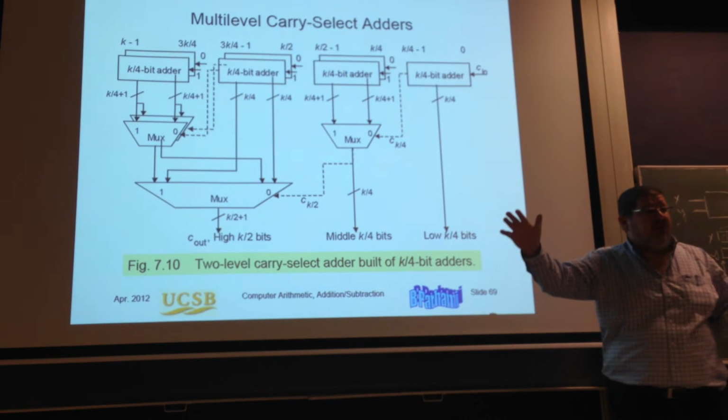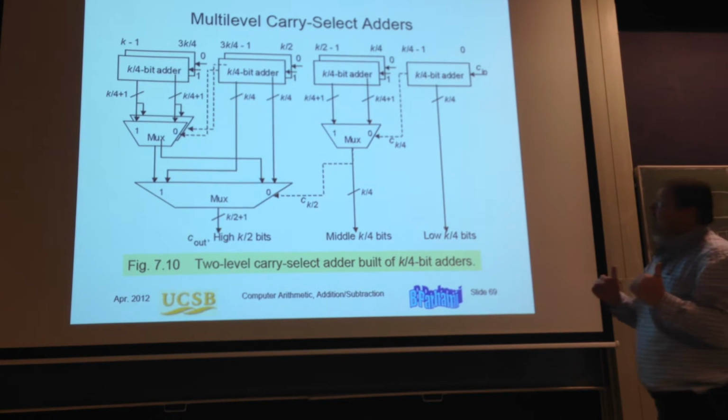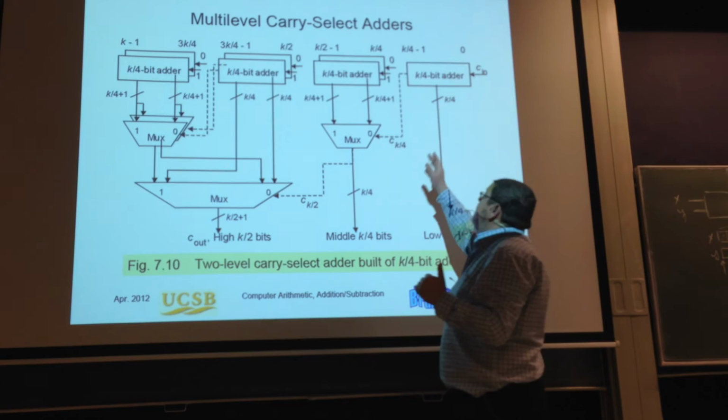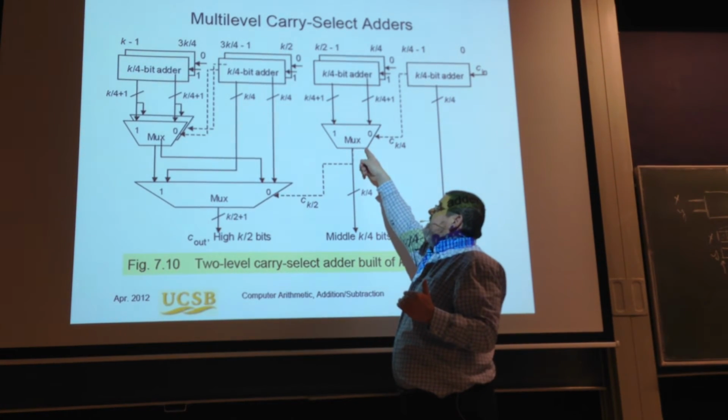The difference between what we had before and what we have now is that I will need 2 levels of multiplexing in order to construct the result. Whenever I know the output of this one, I can determine from those.